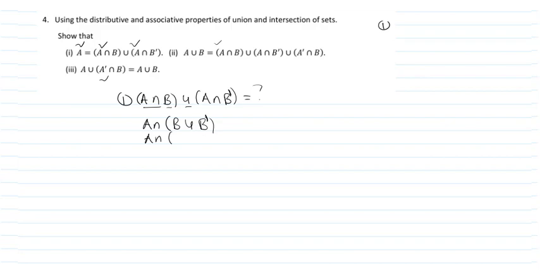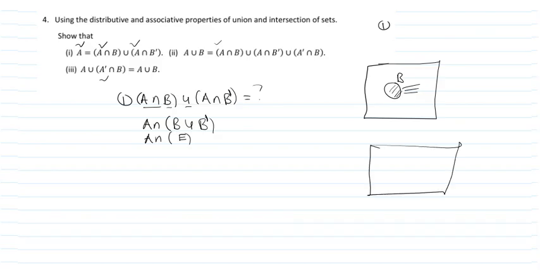We have the same set B, plus again the B complement, because union is more like addition, so that will give you the universe, the whole lot of the set. Then you intersect A with the universe, it will still intersect at A, so that will give us A. So that's how you can solve this question.